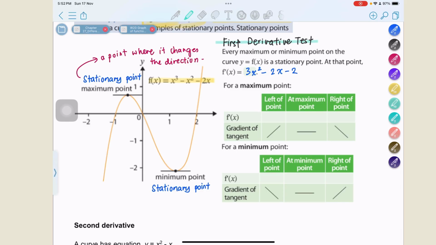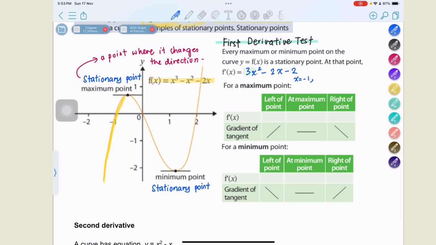First of all, after we differentiate our function, we need to make a table, as the diagram shows. First, we have to find the left point. From the graph, before we reach the maximum, we need to pick a point to work out the value. So for this question, maybe I choose x equals -1.